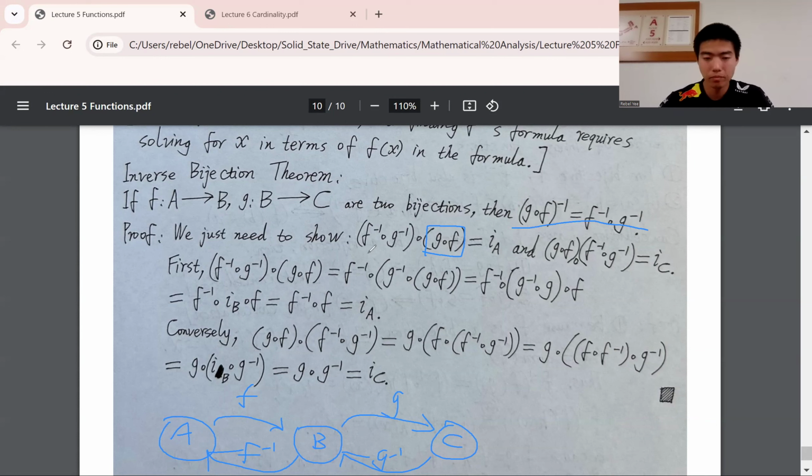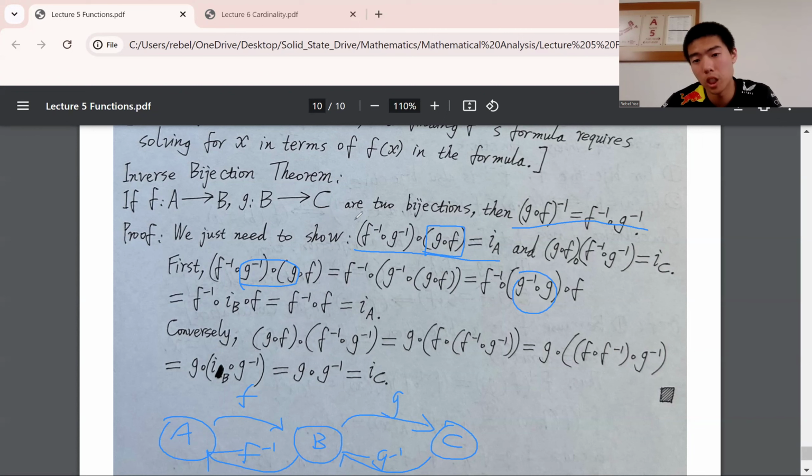So first, how to show this one? This is pretty easy, because it's very intuitive. Just use the associative law, because we want this part to disappear.